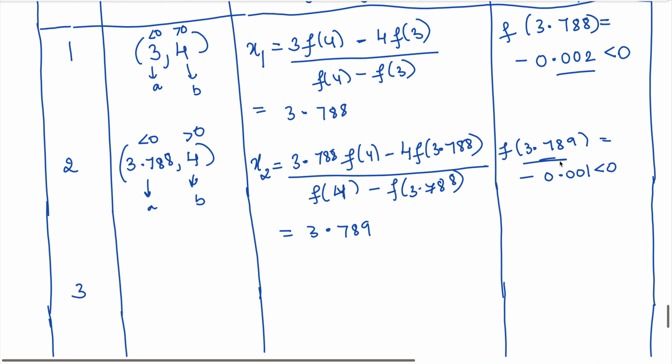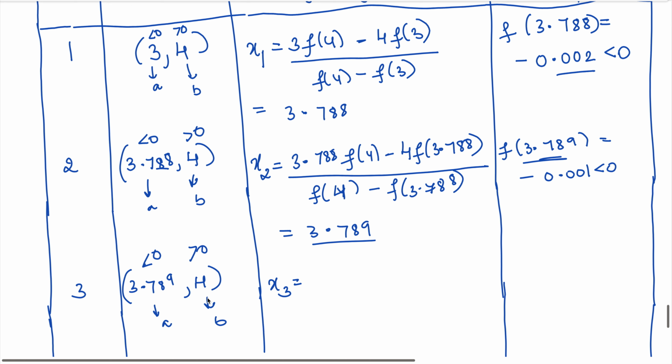Since a new x value is giving us less than 0, whatever was giving us less than 0 in the previous interval, that we will replace with a new x value. So 3.789 comma 4. This f of 3.789 gives us less than 0 and f of 4 gives us greater than 0. Now this is a new a, this is a new b. Now we will be finding out x3.